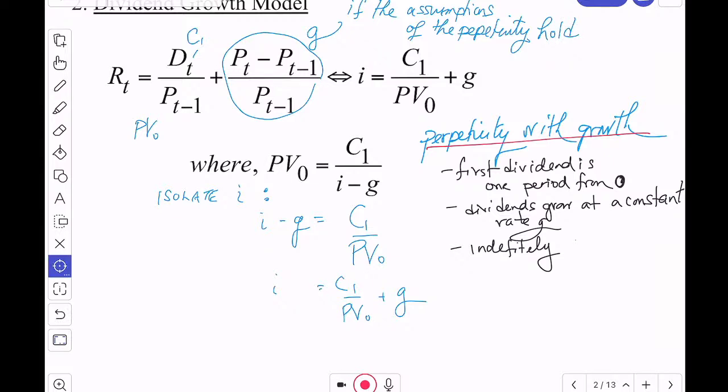So what I'm saying is, really, we've been using a variation of this formula all along.